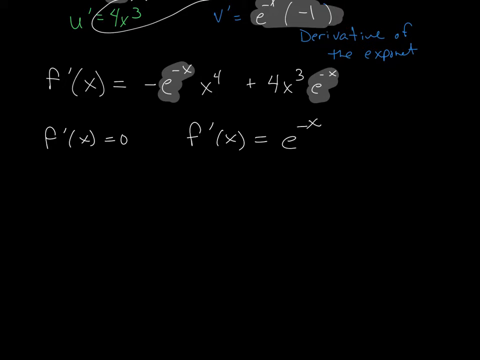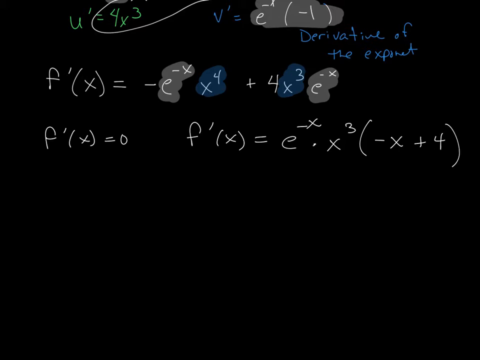And then the other common factor, if I look at x to the fourth and x to the third, I take the lower of those two, which will be x to the third. And now I am left with, on the inside, -x plus 4.